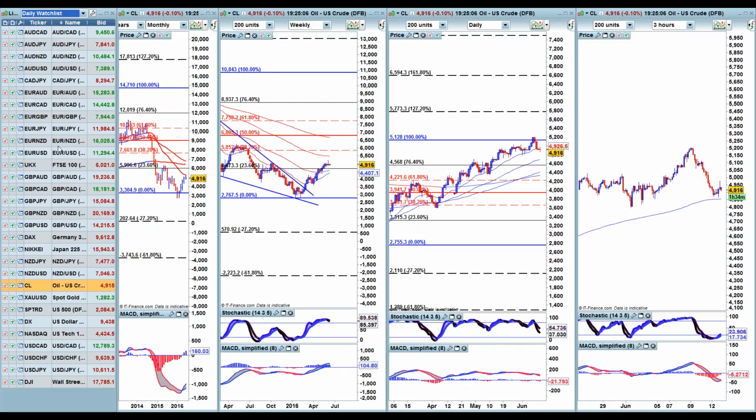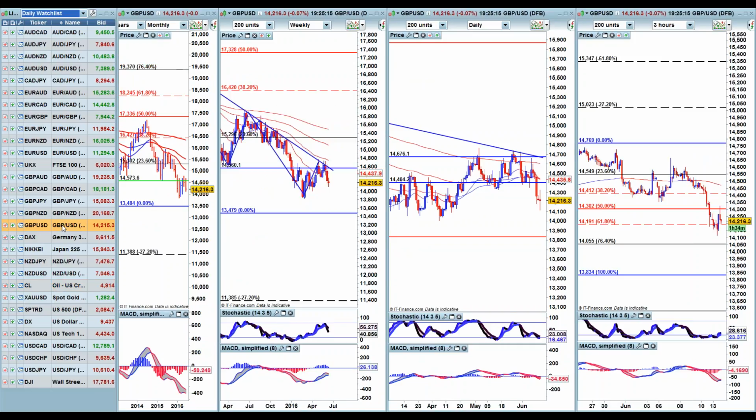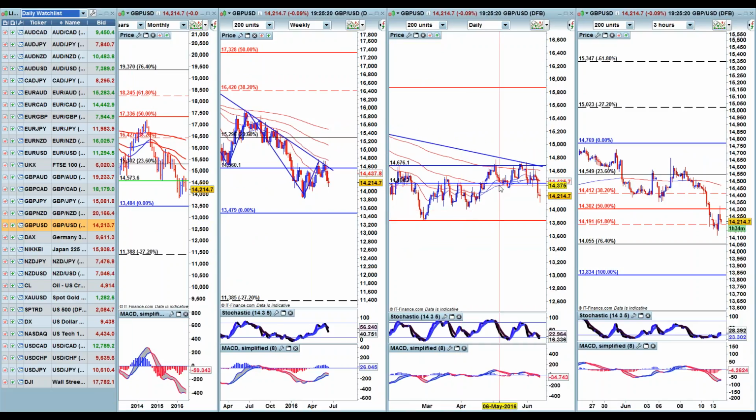Any questions? So the main theme of my week will be looking for any kind of push higher in this pound US to see if I can maximise the volatility in this.